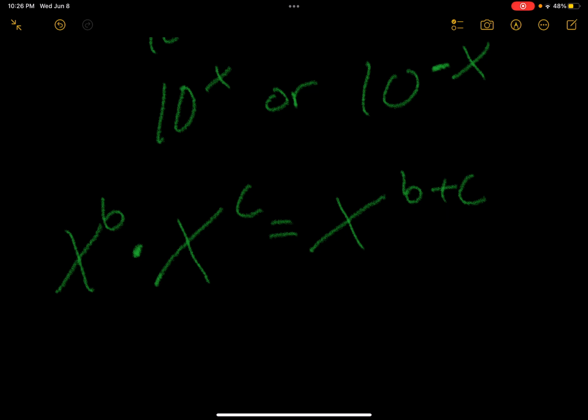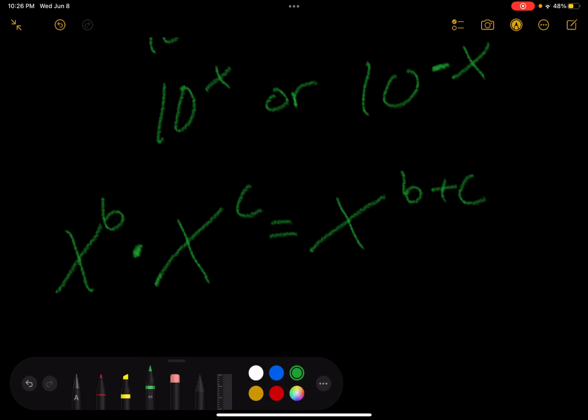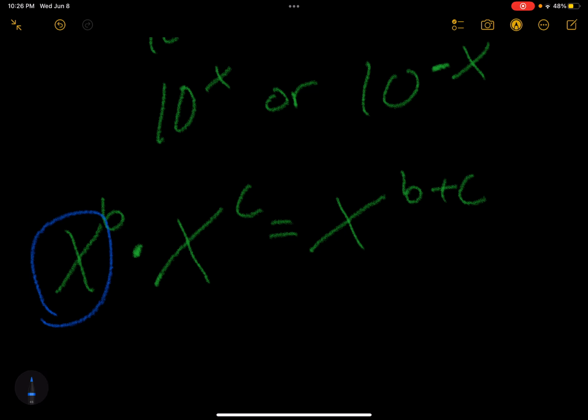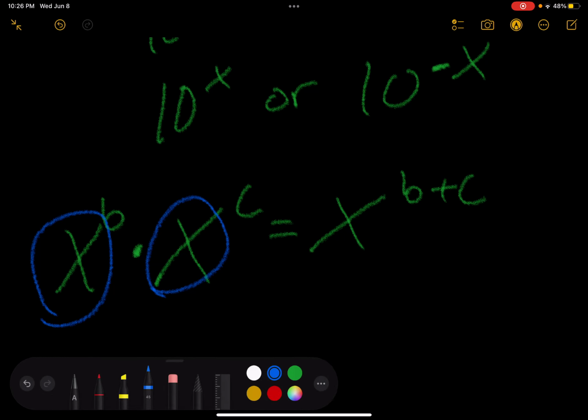Right? Yeah, I'm just taking up variables. Remember, if you notice right here, I have the same base. I have x as the base. However, exponents can change, they don't have to be the same.